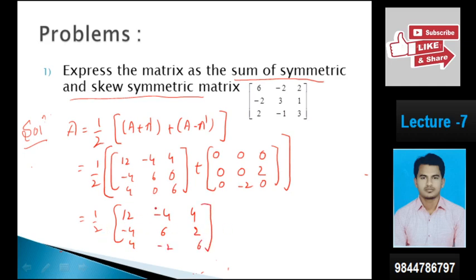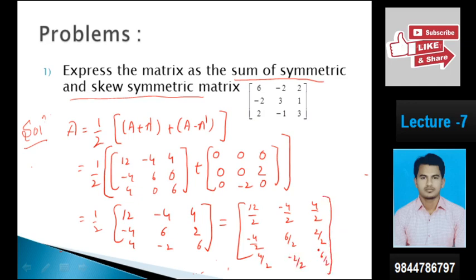Now dividing by 2: 12 divided by 2, minus 4 divided by 2 and 4 divided by 2, minus 4 divided by 2, 6 divided by 2, 2 divided by 2, 4 divided by 2, minus 2 divided by 2 and 6 divided by 2.